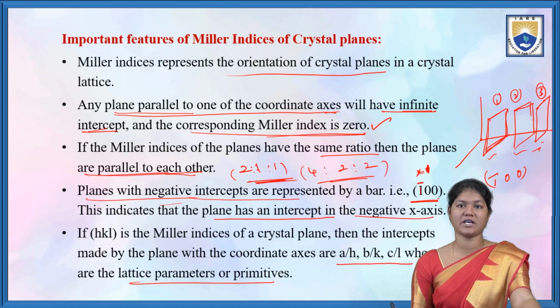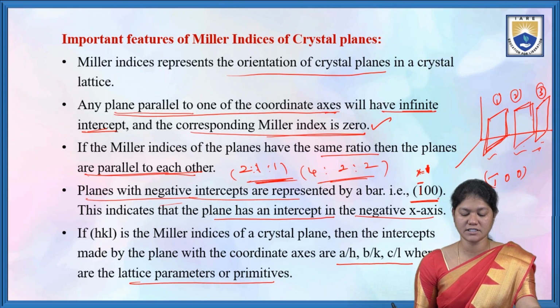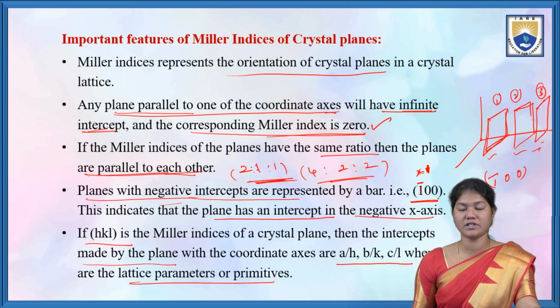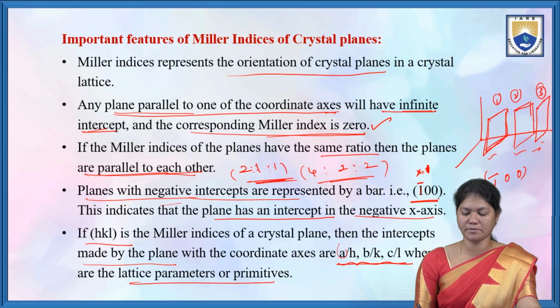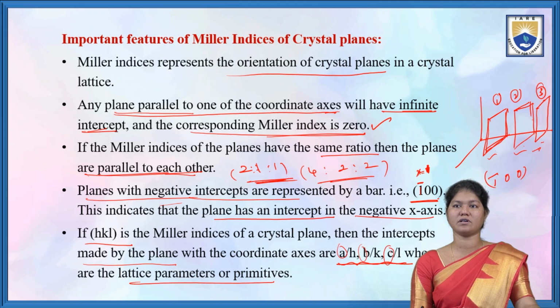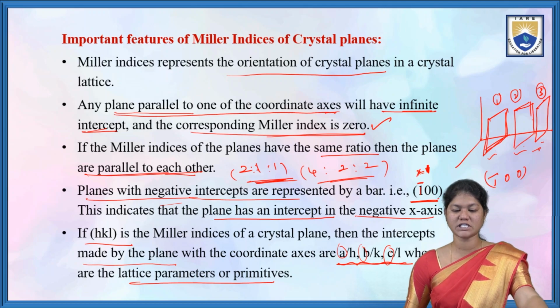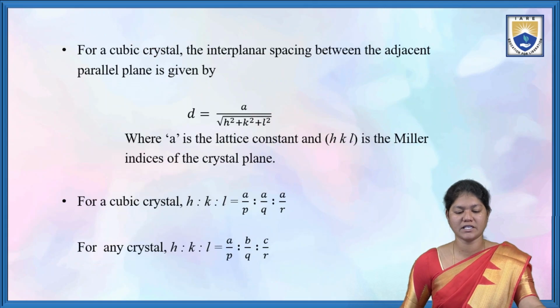So if h k l is the Miller indices of a crystal plane, then the intercepts made by the plane with the coordinate axes can be written as a by h, b by k, c by l, where a, b, c are called lattice parameters or primitives. So this is about the Miller indices.